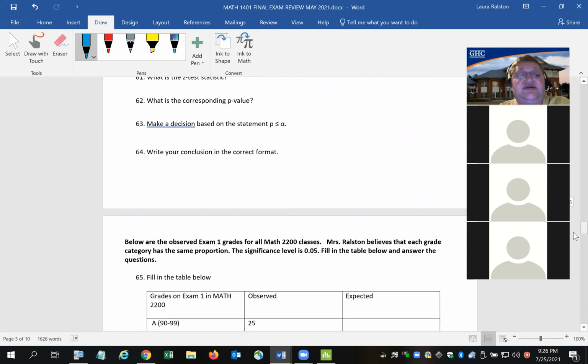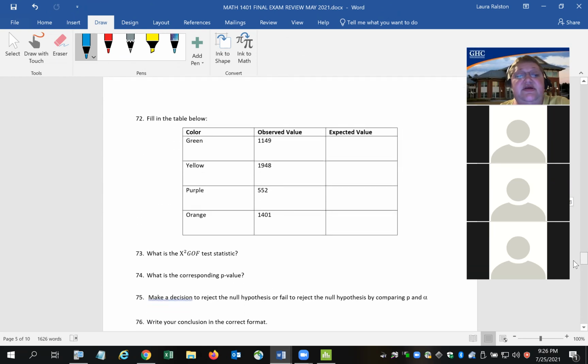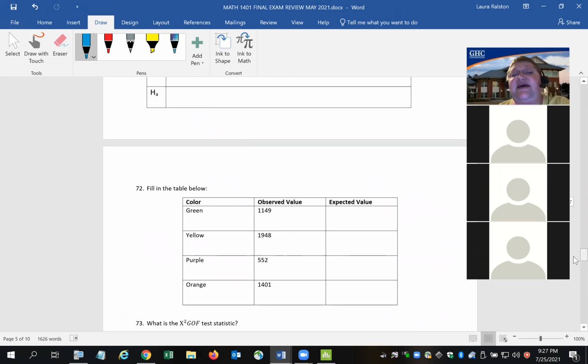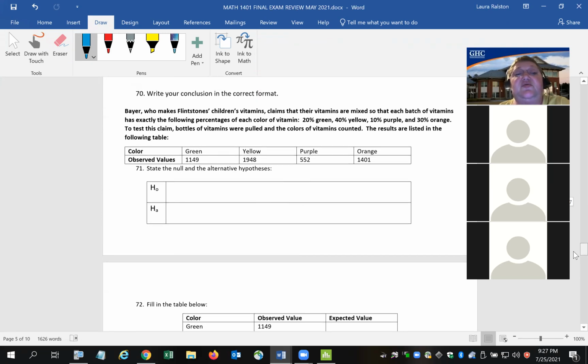Okay. Question 73. Okay, to get to 73, I got to back up just a little bit to the question above, 71. I got to get there first. So this particular question is a chi-square goodness of fit.